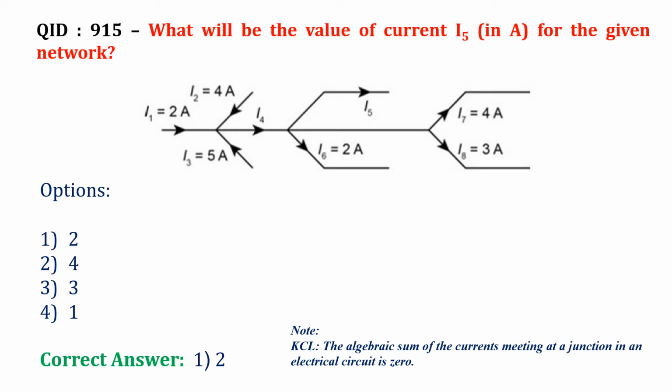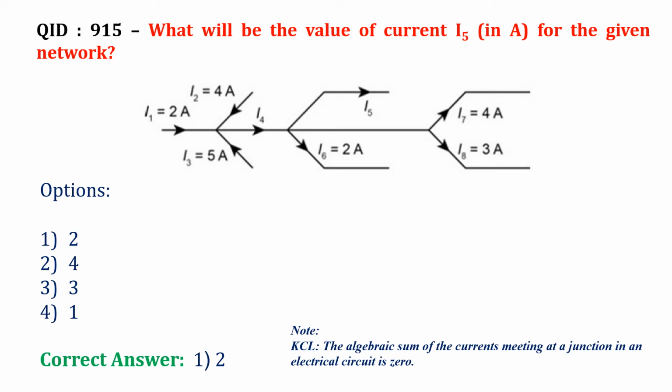What we have to find out is I5. There are 2 more currents leaving from the second junction: one is I6, which is equal to 2 amps, and the 4 amps and 3 amps on node 3.